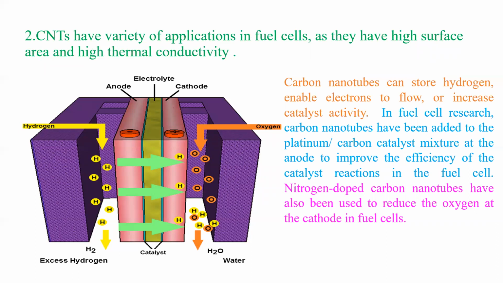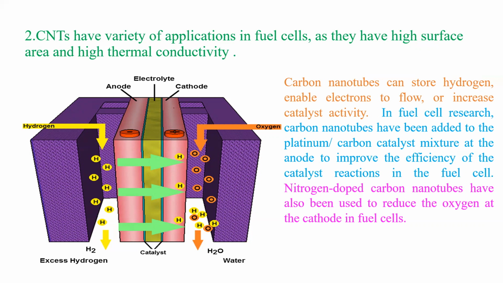So in that way, it is advantageous here. And carbon nanotubes can store hydrogen, and it enables electrons to flow or increase the catalytic activity. That is, by storing hydrogen, it will increase catalytic activity.